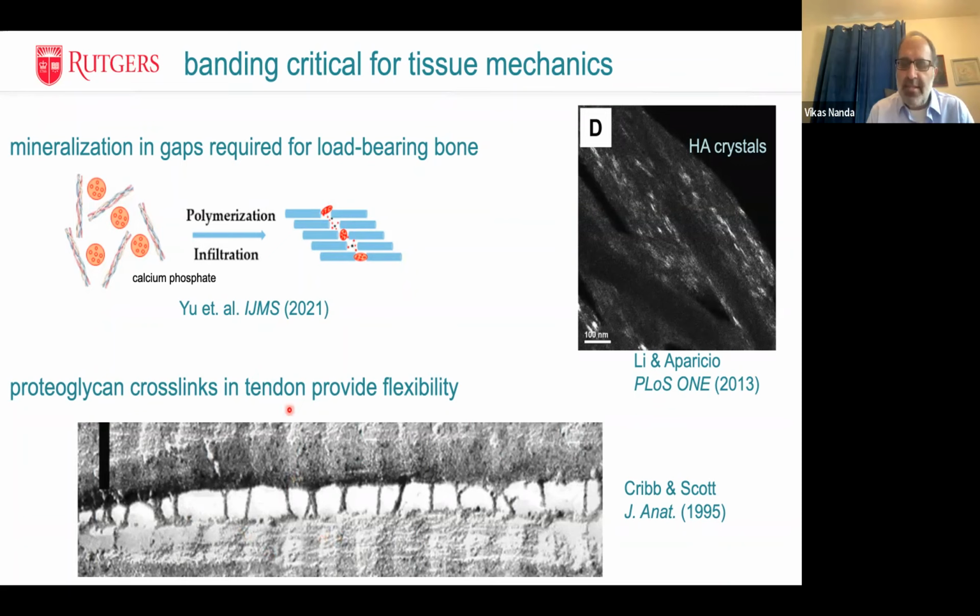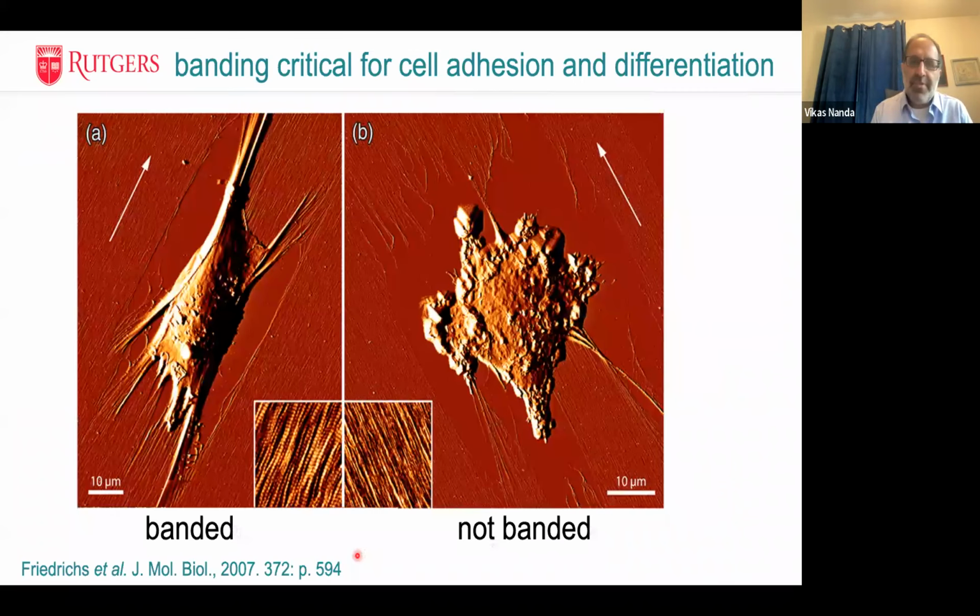So we know that these periodic structures that collagen adopts affect the physical properties of bone, and affect the flexibility of tissues like tendons. It also affects the ways that cells interact with these materials. If you think about collagen making a sort of surface for cells to adhere and grow on, the organized structure of collagen is important for the healthy growth of a cell.